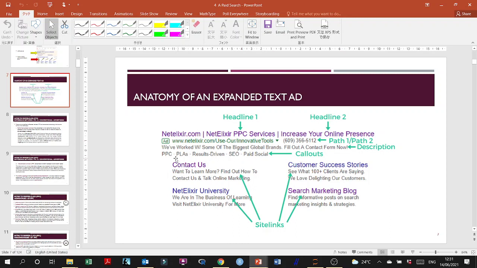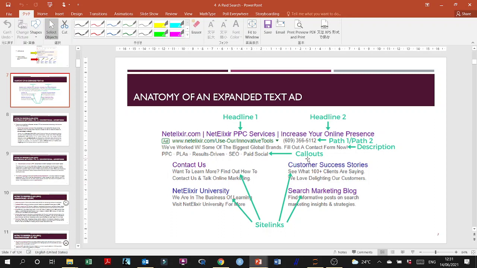Then we have also ad extensions. Ad extensions are free, and we talked about the 3 different kinds of ad extensions. The first ad extensions we talked about were the site links, as you can see over here. These are deep links within the website where you expect most traffic to be directed toward these pages to perform certain activity.